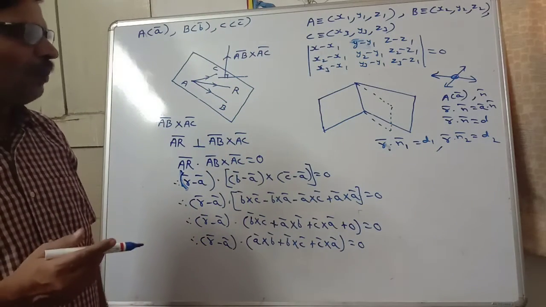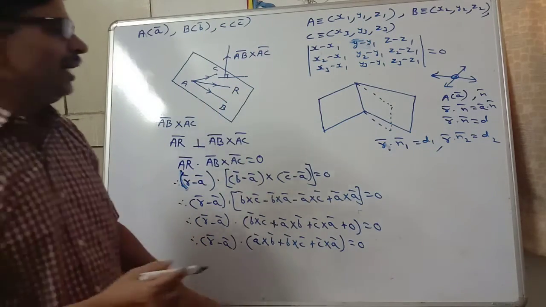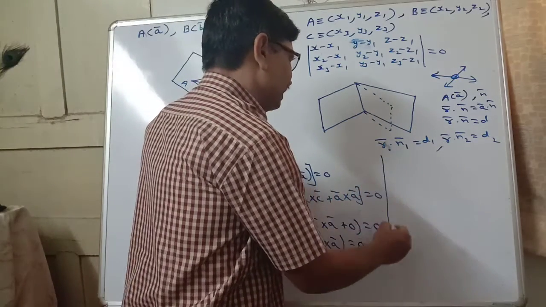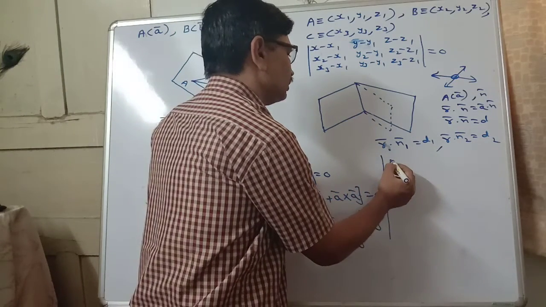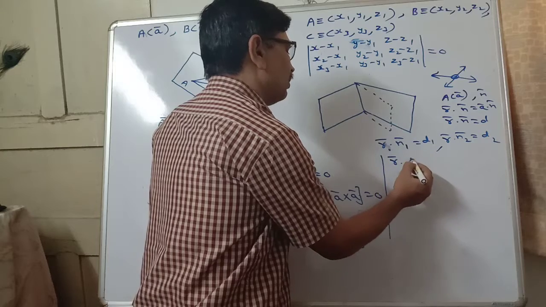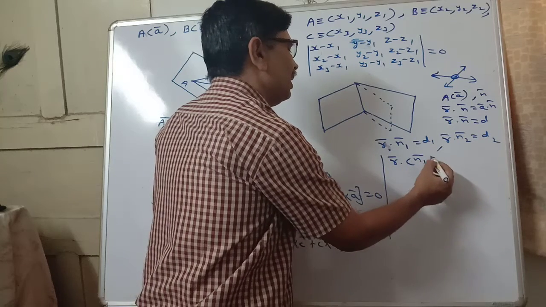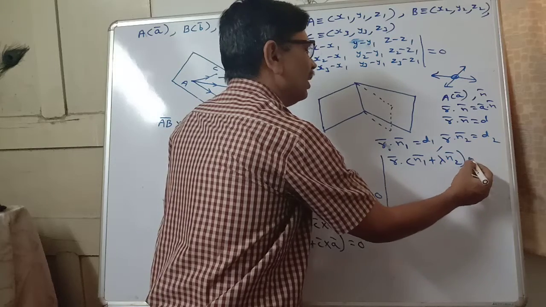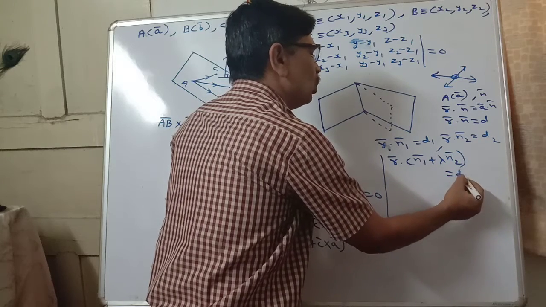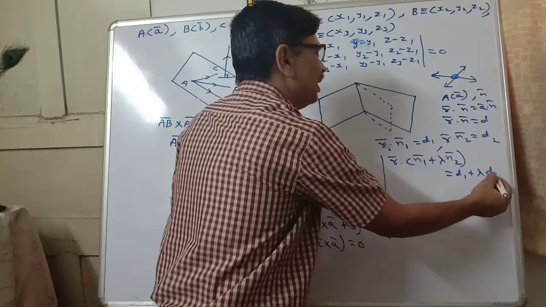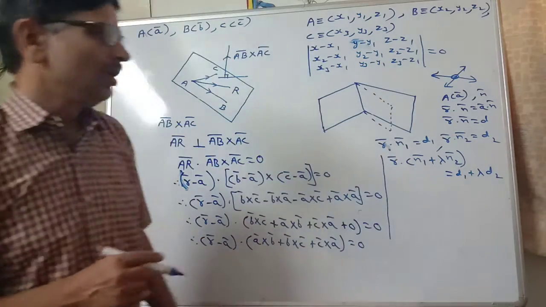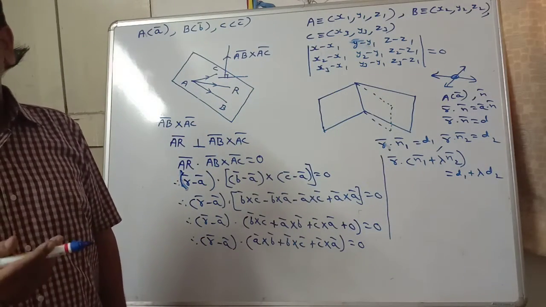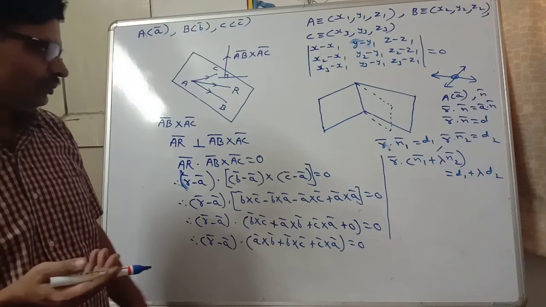Then the equation of a plane passing through the intersection of two planes can be written: R bar dot (N1 bar plus lambda N2 bar) equal to D1 plus lambda D2, where lambda is a real number, a scalar quantity.